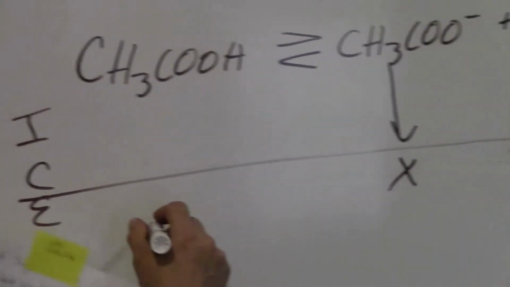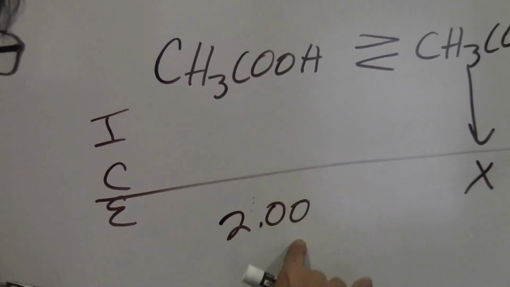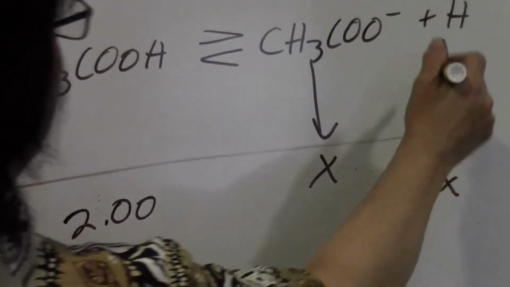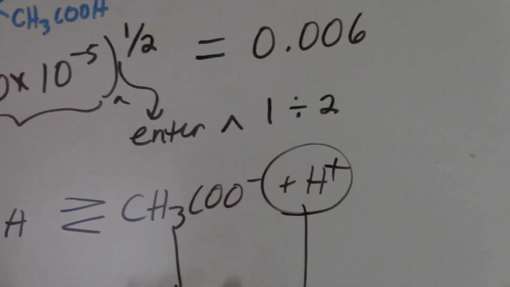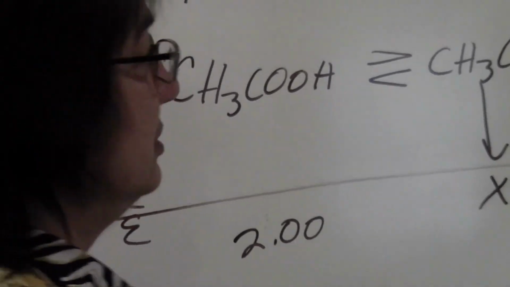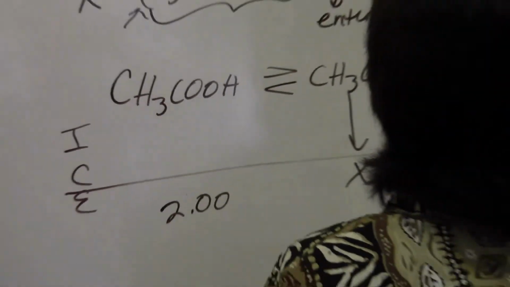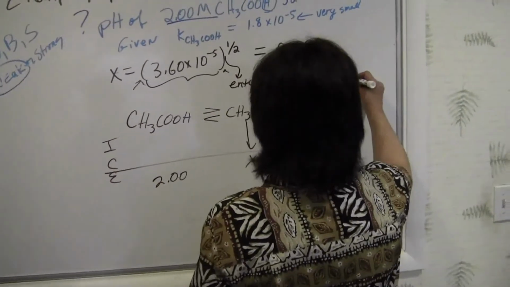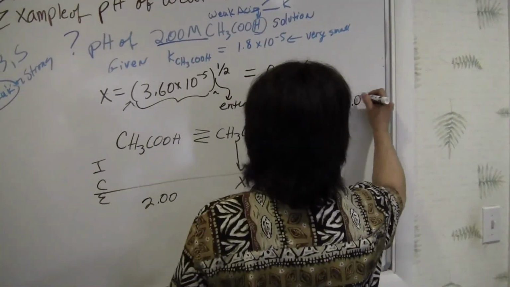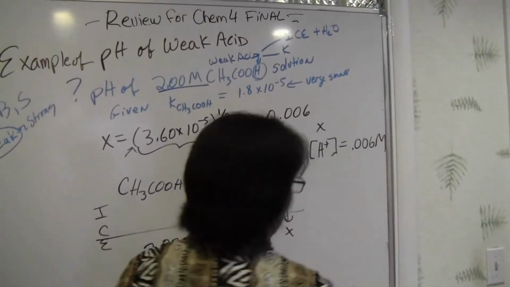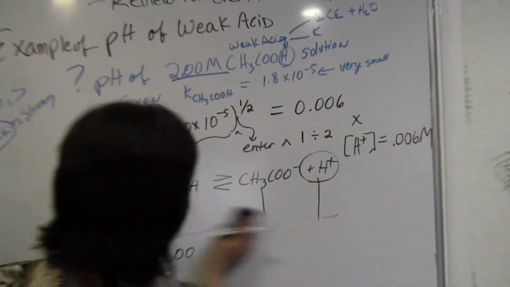And this was 2.00. We just solved for H plus. We need that for pH. So we're going to say our H plus concentration, which is equal to x, is equal to 0.006 molar.